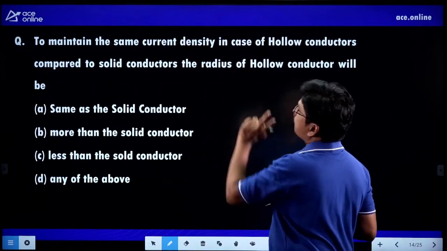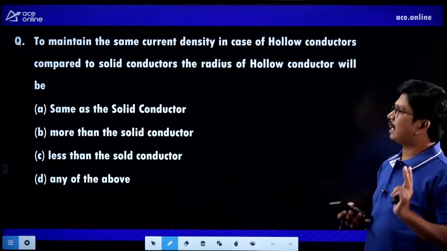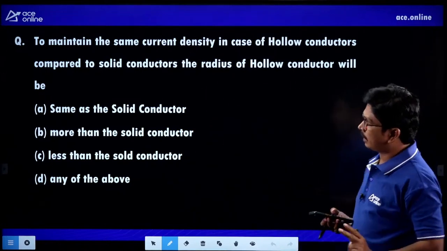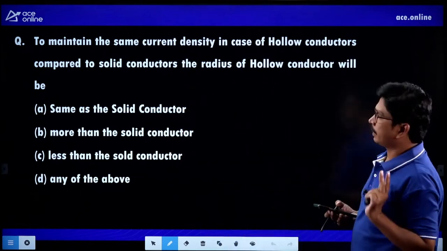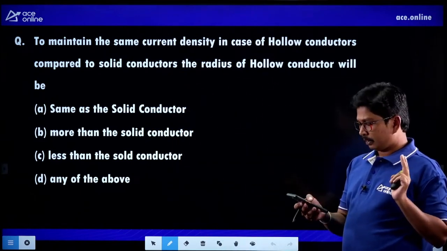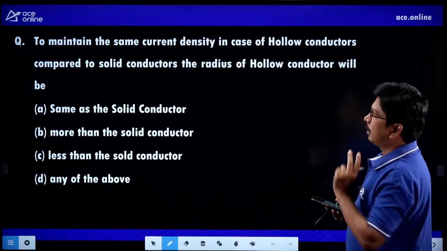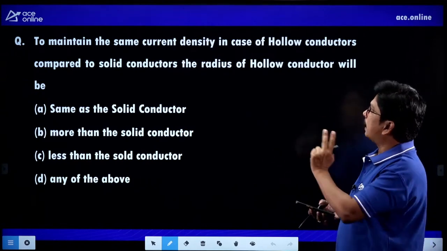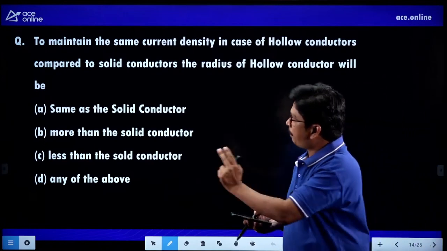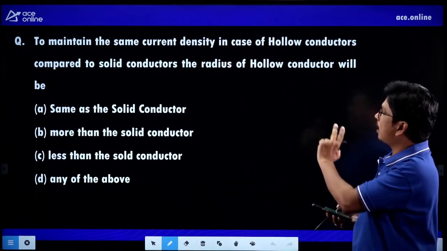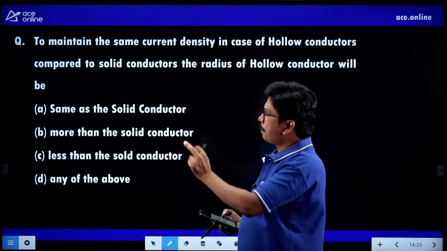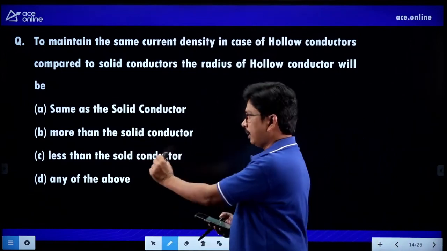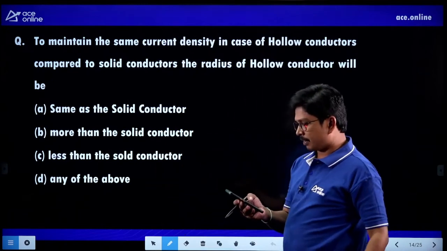To maintain the same current density, in case of hollow conductors compared to solid conductors, the radius of the hollow conductor will be. Options: same as that of solid conductor, more than that of solid conductor, less than that of solid conductor, and any of the above.